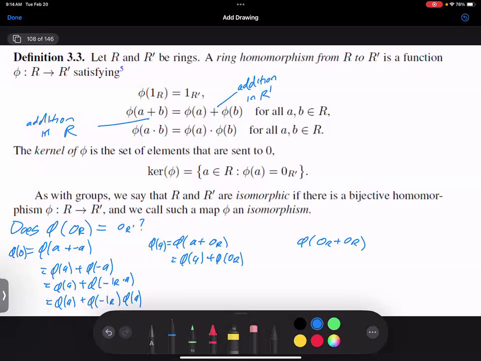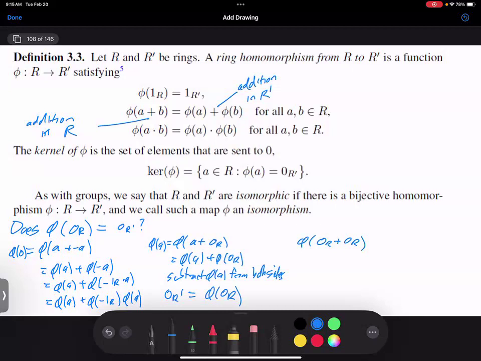What must phi of 0 equal for this to be true? 0, because we can now subtract phi of A from both sides. And then we would get 0R prime is equal to phi of 0R. So the idea of looking at phi of A plus 0 was a really good thing to try.